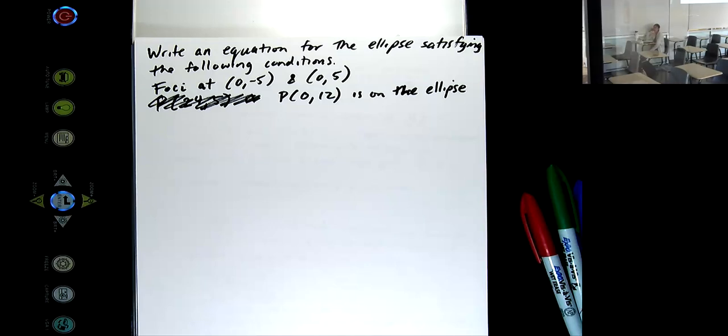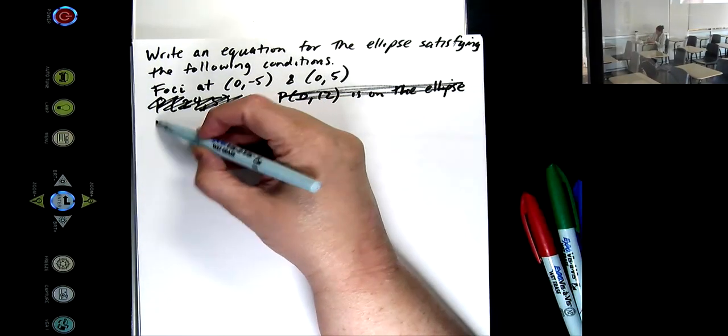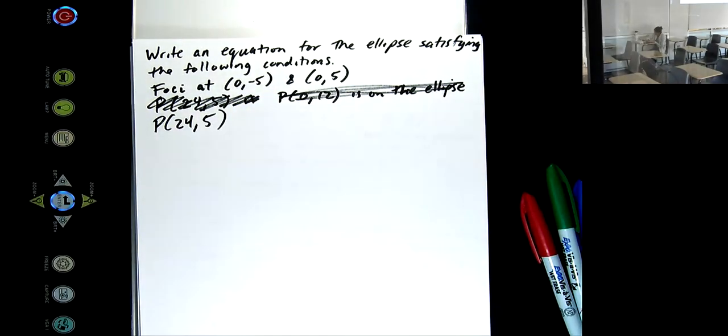If it gave 24, 5, there's a problem. The foci are not on the ellipse. No, I guess the 24, 5 would work, because that's not along the axis. Never mind. Let's go with 24, 5 and see what happens with it. It is possible.